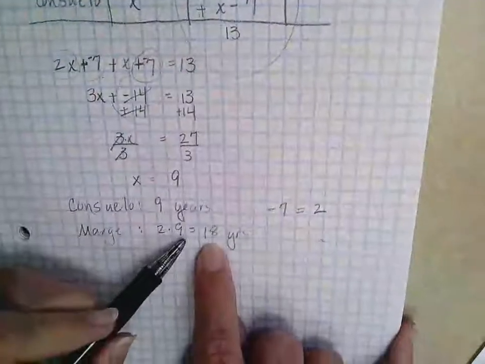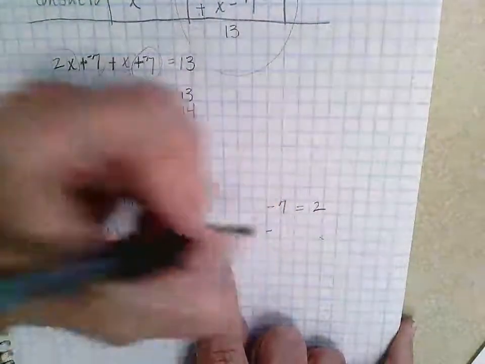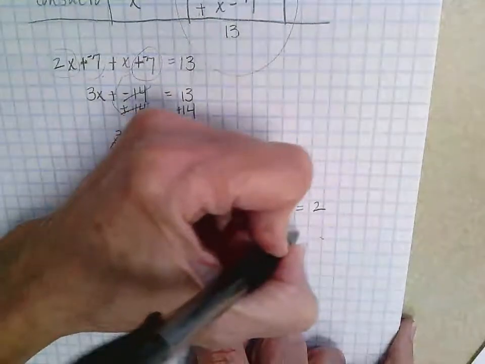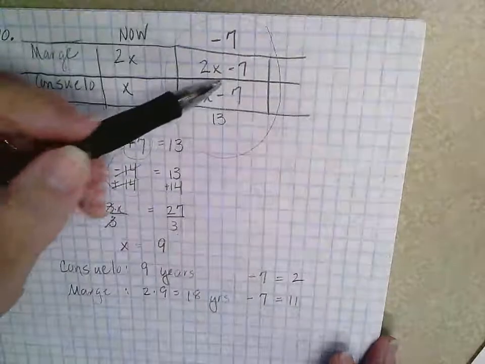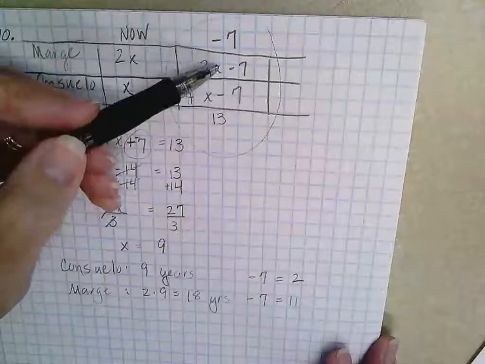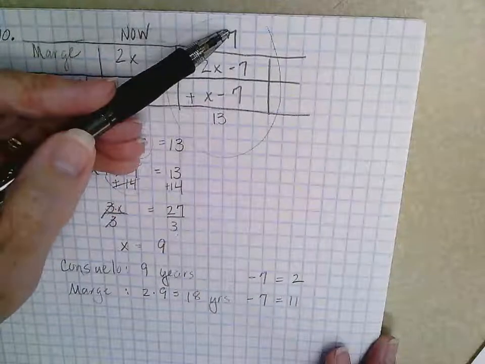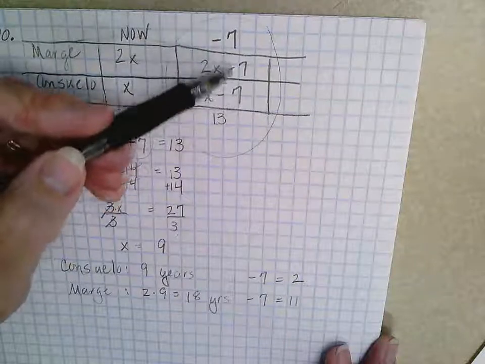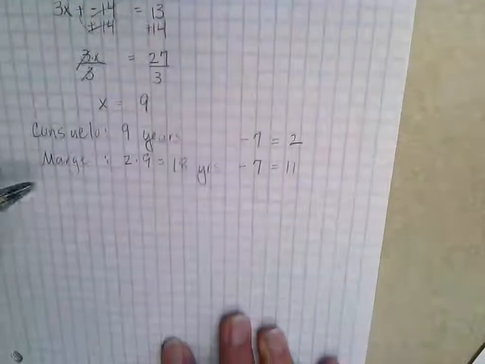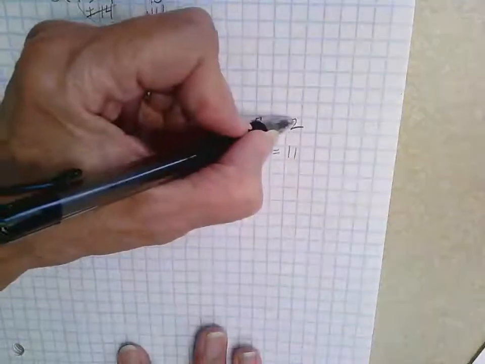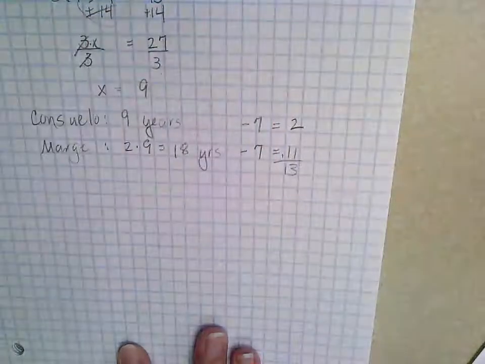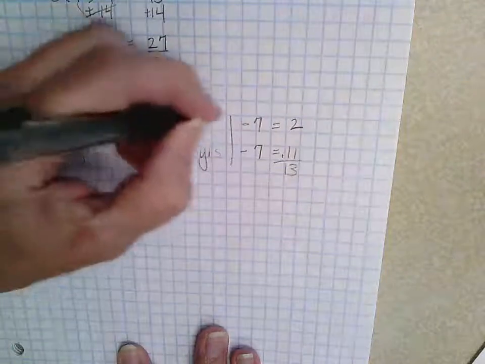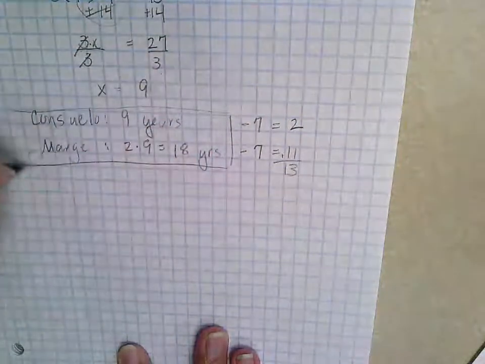And when I subtract 7 from Marge's age, I would get 11. And it's telling me up here that when I add those ages 7 years ago, I should get 13. And when I look down here, 2 plus 11 does give me 13. So it looks like my answers are correct.